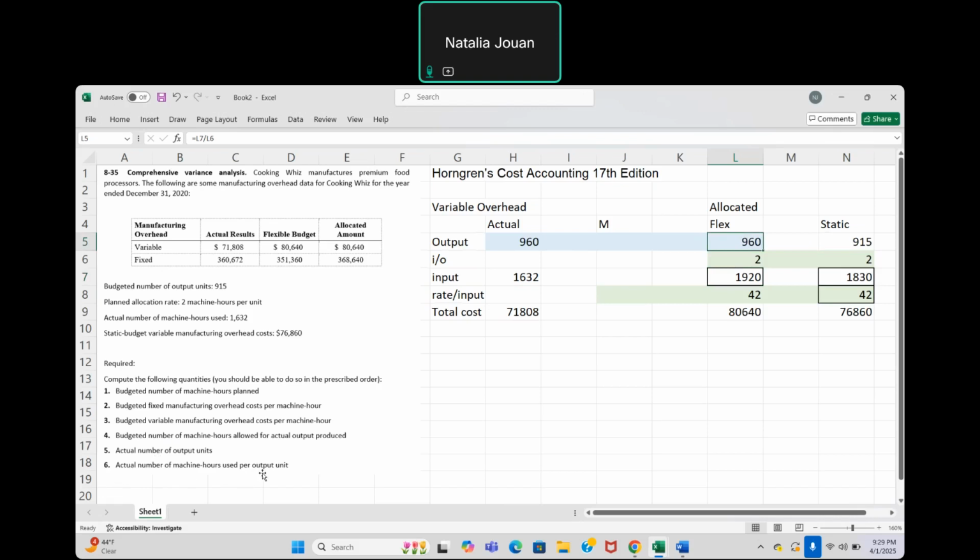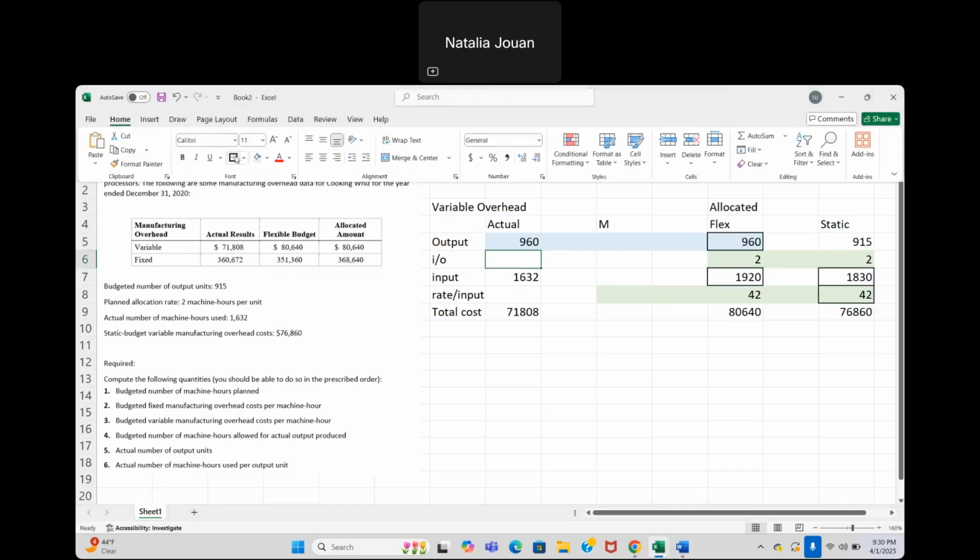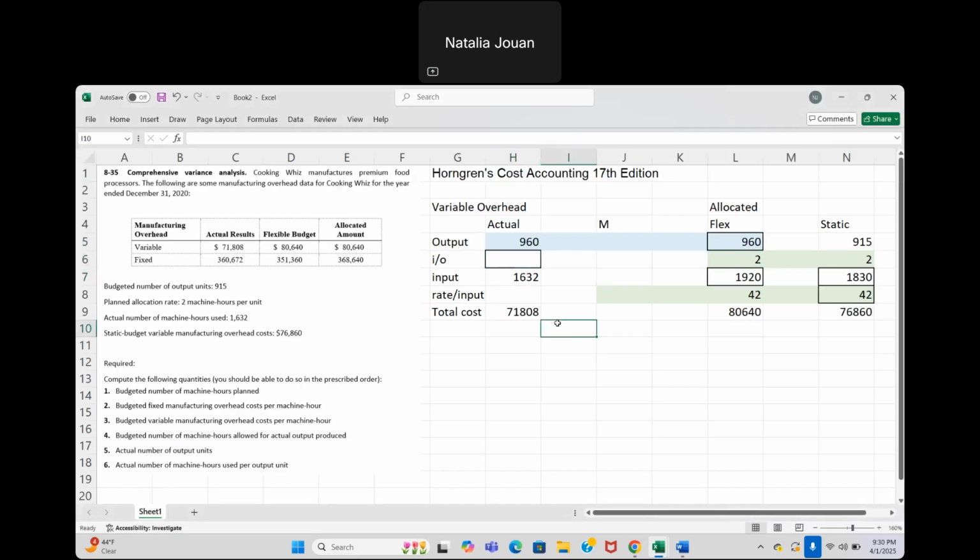So the input per output on the actual column. So right here, okay, input per output of the actual column. So let's box this in. Okay. Let's figure it out. Input per output, a 1.7, right? Okay, so with the variable chart, we were able to solve 5 out of the 6 variables.